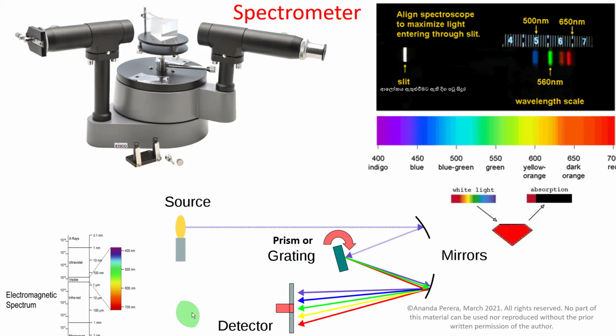How does it work? Look at this diagram. Source light comes to this mirror and it reflects the light to the prism or grating. Here, this is the grating or prism. Then the prism breaks it into 7 colors and sends it to this mirror.